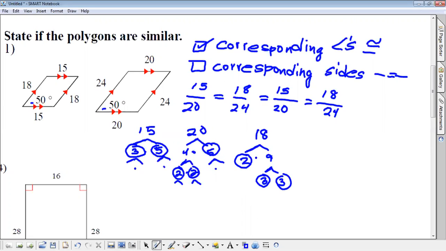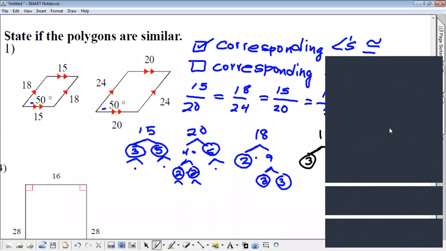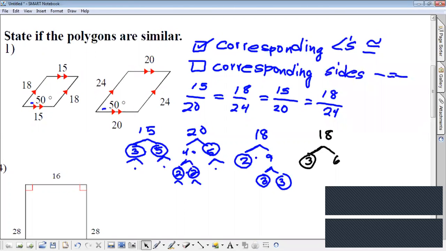Now, when I ask factors of 18, somebody said 3 and 6. Now, will this person get a different answer than this person? Let's do this. Factors of 18, she said 3 and 6. And 3 is prime. Now, factors of 6, cannot use 1 or 6.